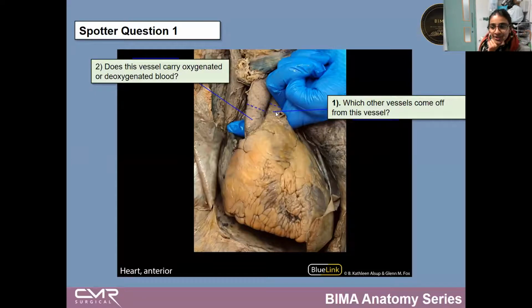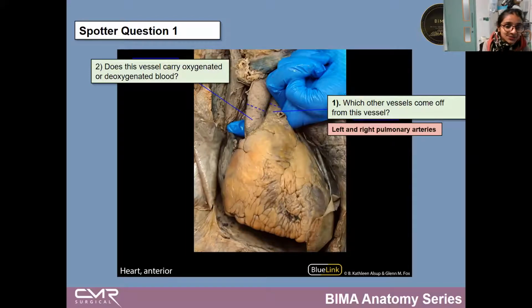So if we look at where this is coming off of the heart, it's your pulmonary trunk. So it's your left and right pulmonary arteries coming out of the heart on this side. Oh, Varun, I can see why you think it might be a coronary artery, but actually that's a big chunky one.